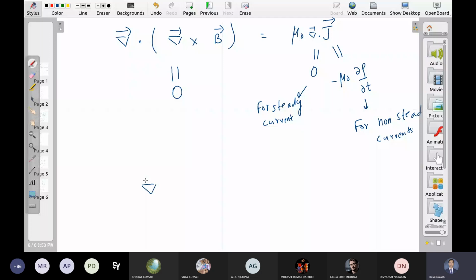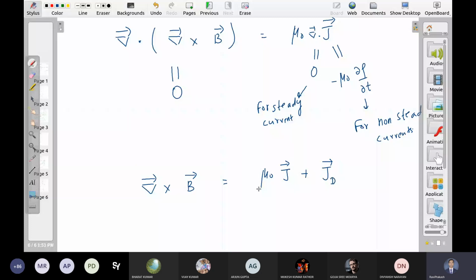Del cross B is equal to mu naught J plus another current JD. What is JD? Displacement current. If I take divergence, what do I get?